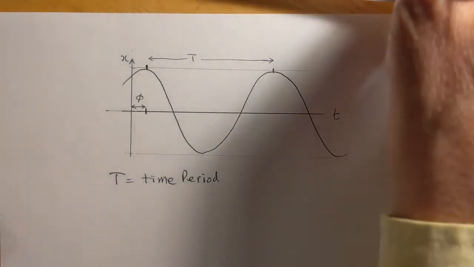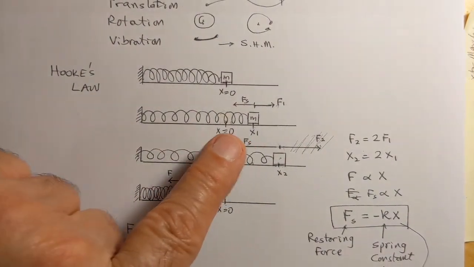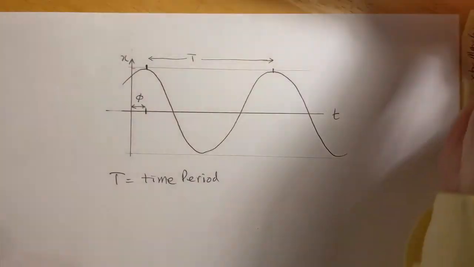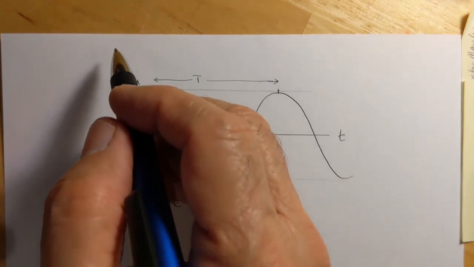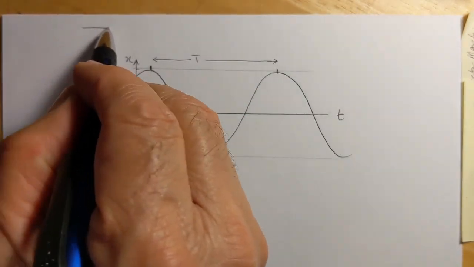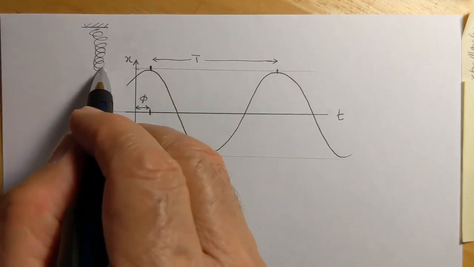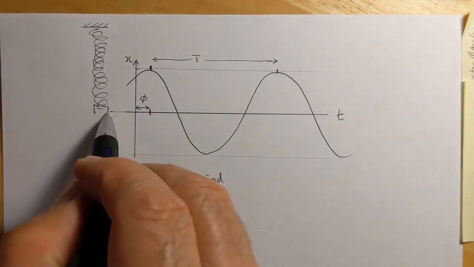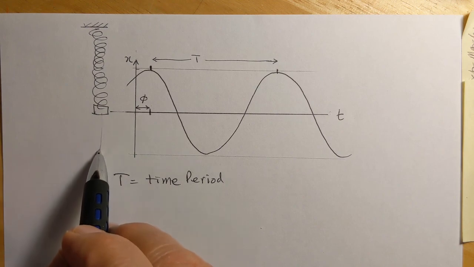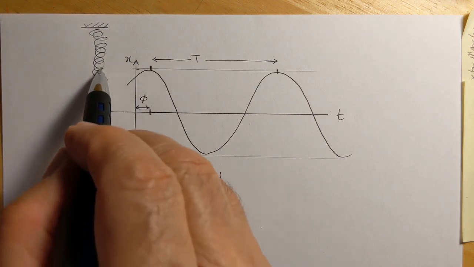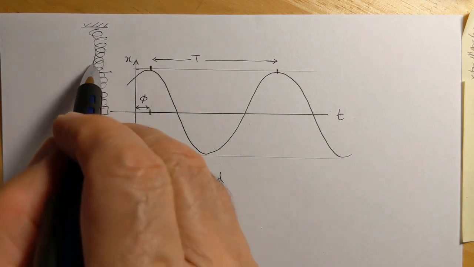Now, in terms of the mass that's moving back and forth, this is something like the mass being here, the spring being like this, the mass is here and is pulled down to this position and released, so it will go up and down between these two positions.